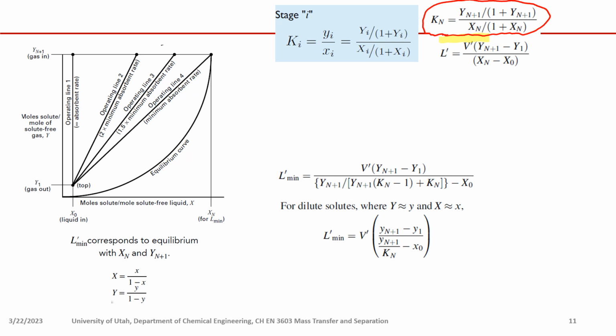Then we can plug xn into this equation, and then you can get L prime min, right? So how do we do this? Okay, let's see. How do I do this? This minimum.